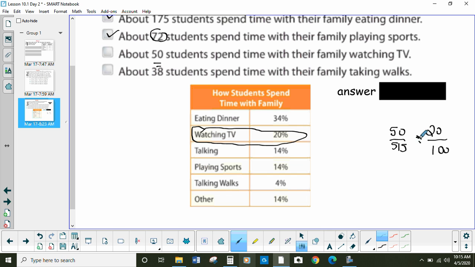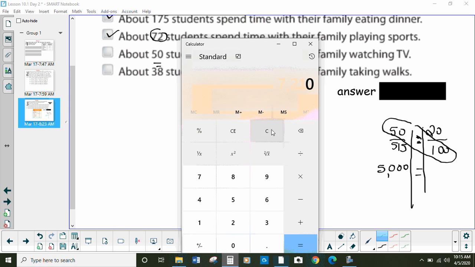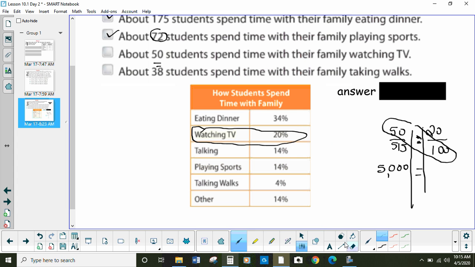Is this proportional? Is this equal to this? Well, all we've got to do to answer that question is to simply cross multiply. 50 times 100 is 50 with two zeros, or 5,000. And 515 times 20. Take our calculator, clear out our last problem. I go 515 times 20, and I get 10,030.